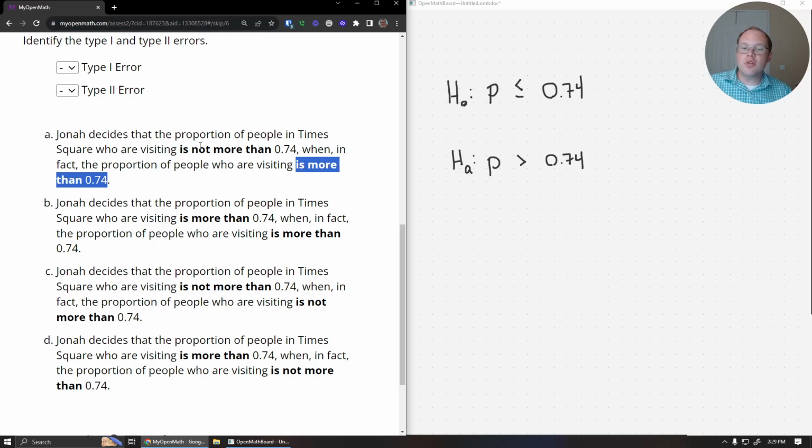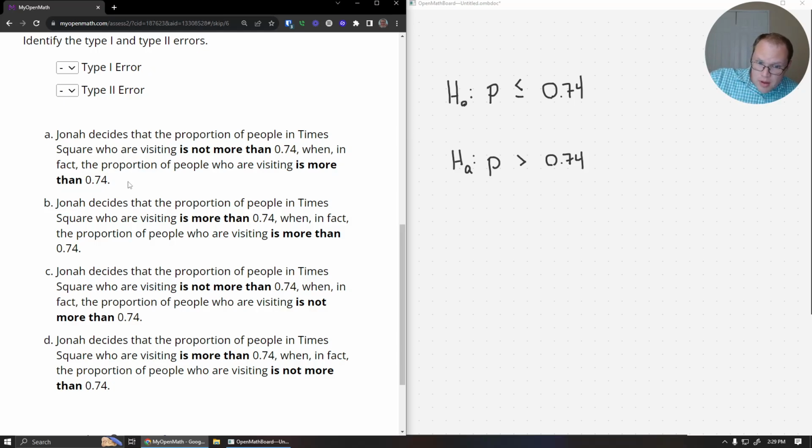So Jonah concluded that the proportion is not more than 0.74, but in fact the proportion is more. That's an error, right? Jonah drew the wrong conclusion. So A here is an error. We'll decide if it's a type 1 or type 2 error in a moment, but it is an error, so keep that in mind.